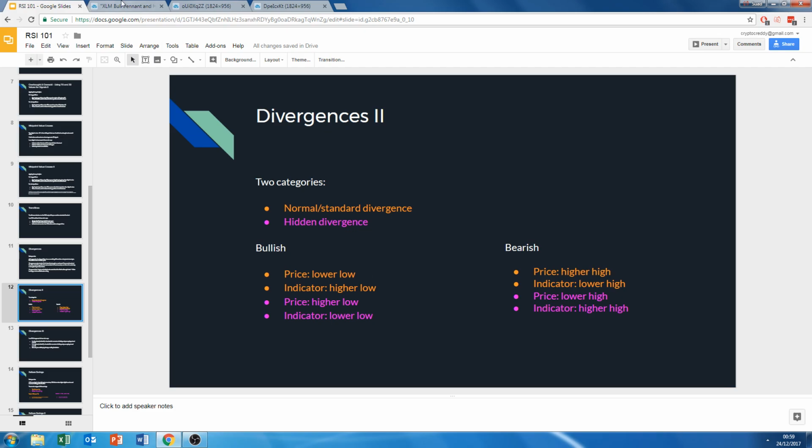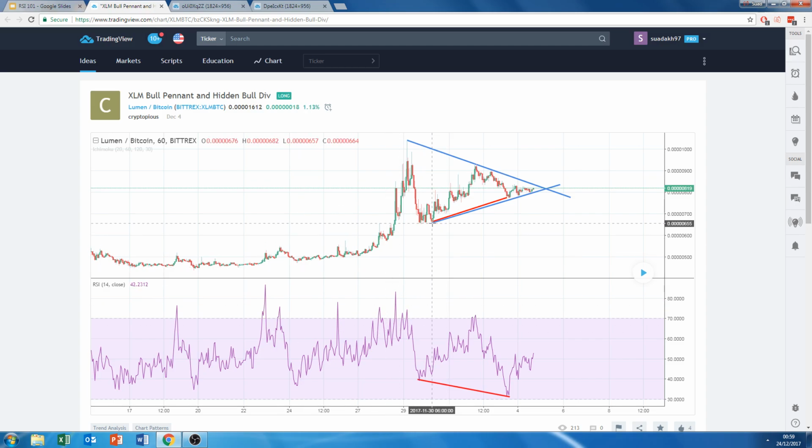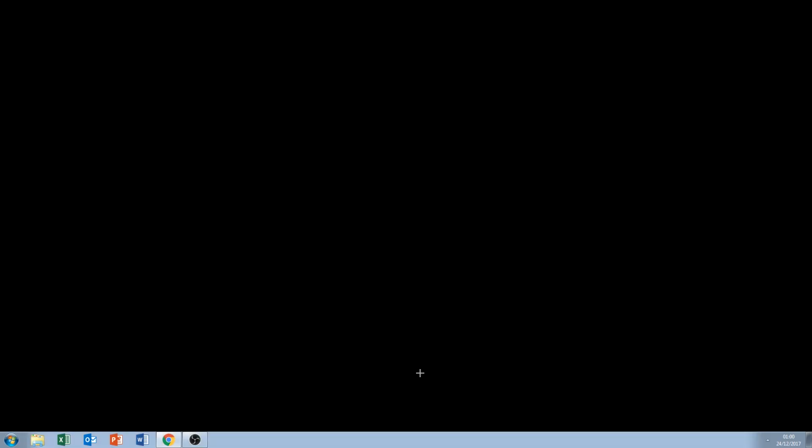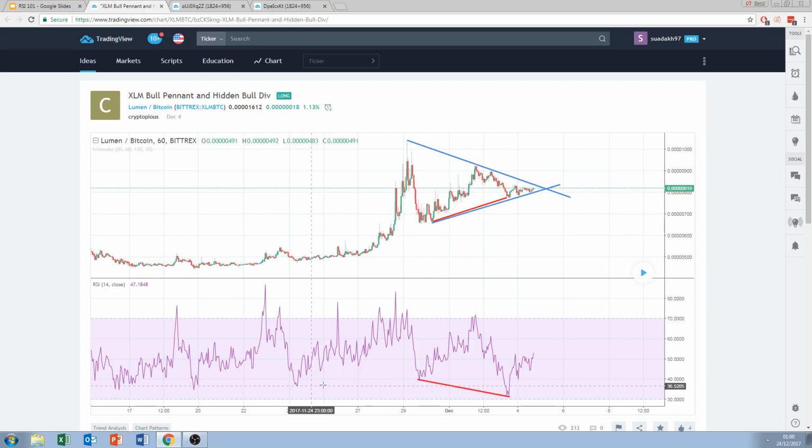Indicator has to make a lower low. Price, this low is higher than this low, so price is making a higher low. At the same time, look, these line up. The indicator is making a lower low. So this is a hidden bullish divergence which happened preceding a breakout point.